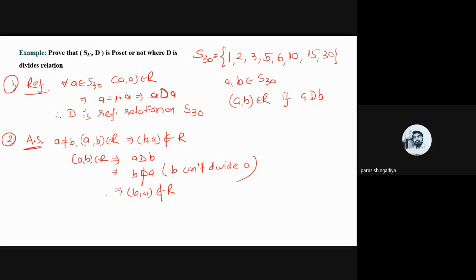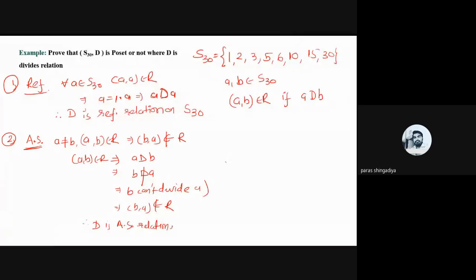Okay, and therefore we can say that B can't divide A, and therefore we can say that B comma A does not belong to R, and therefore we can say that D is an anti-symmetric relation on S30.